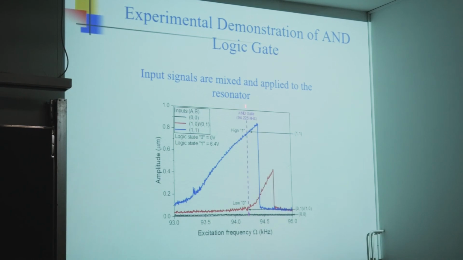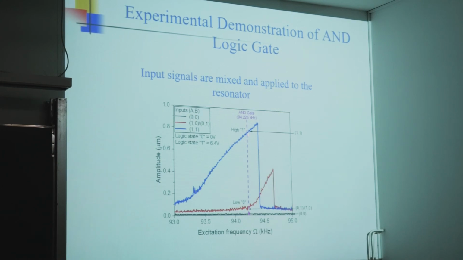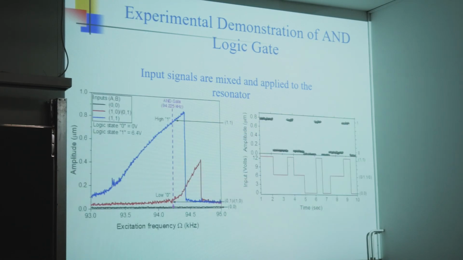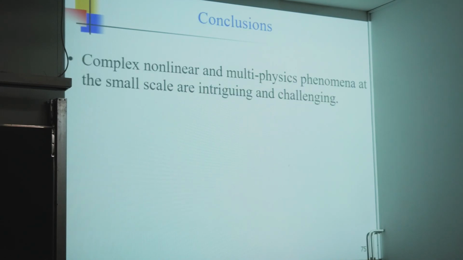And if I operate at this operating point, then for 0, 0, I get 0. 0, 1, or 1, 0, I also get almost 0. But only when I get the 1, 1 condition, I get to read this large response, and this fulfills an AND gate in terms of logic. And I guess this is the clearer schematic for the input and the output.